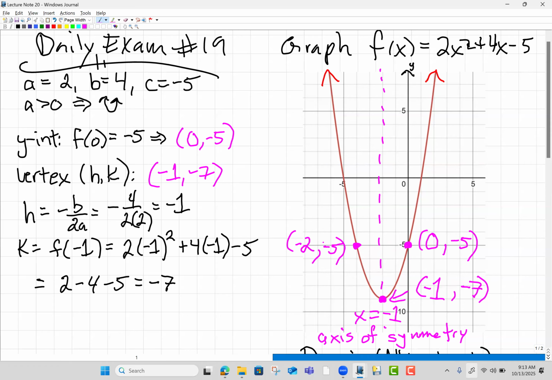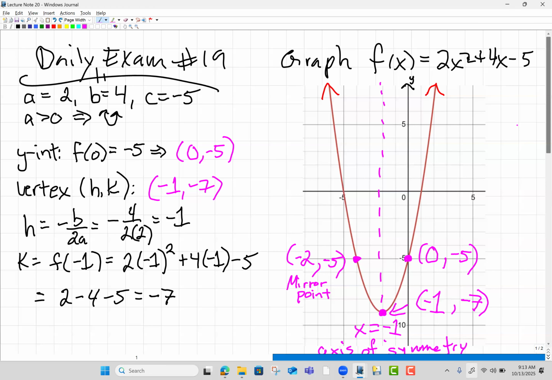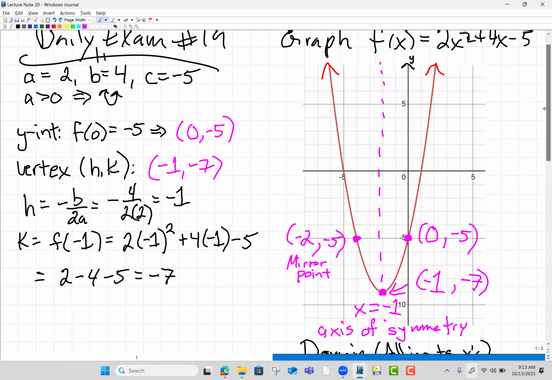That puts this at -2. So this was called the mirror point, also called the sister point. Other than these two guys, none of the other points have any kind of special name that I could even talk about them. So all that's left now is x-intercepts, and those are the hard ones. The book usually waits until the next chapter before it even introduces them.